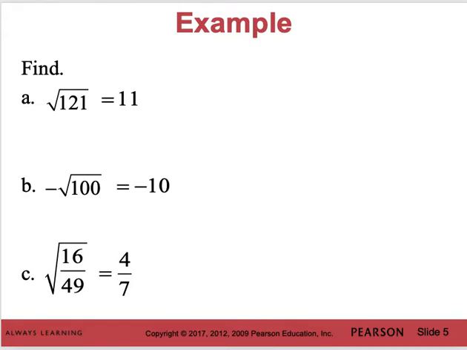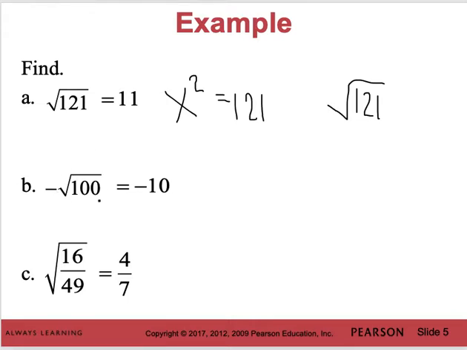We can also think, what number squared equals 121? On your calculators, many basic scientific calculators do have the radical symbol to do square roots. So you could type in the radical symbol, your number, and press equals to get 11.